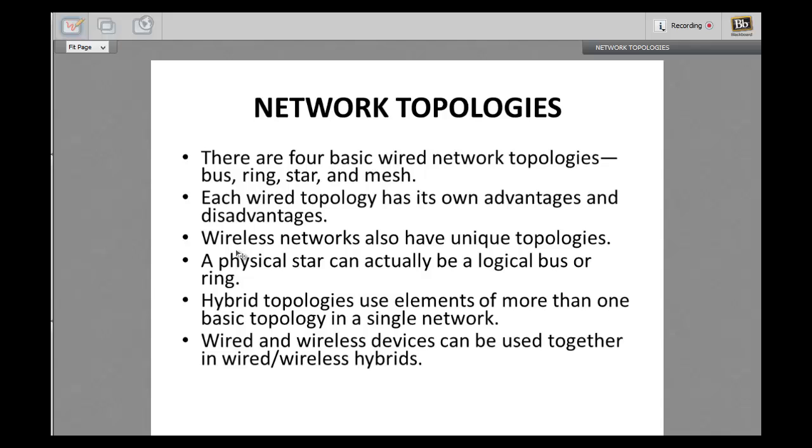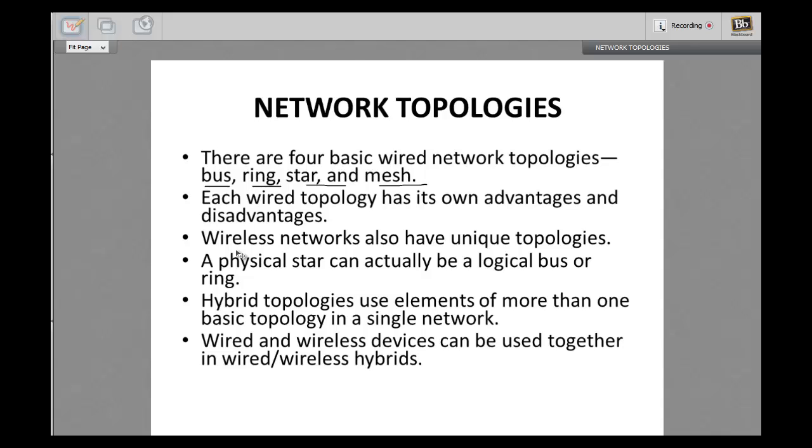So the next chapter is about topologies, and it was the topic of last week. In topologies, we talked about different topologies: bus, ring, star, and mesh.